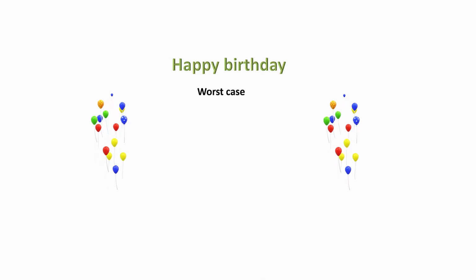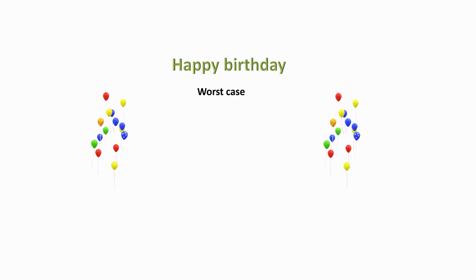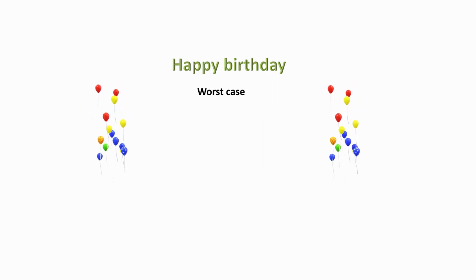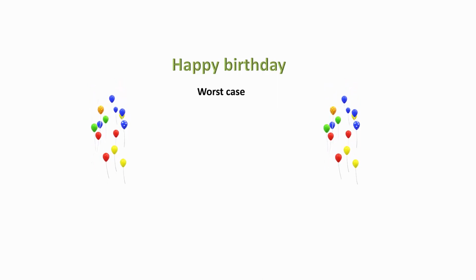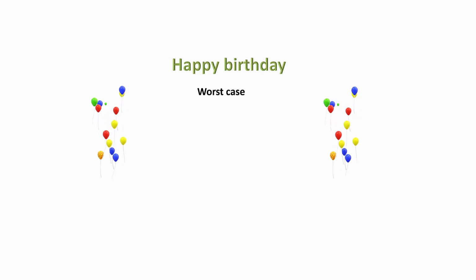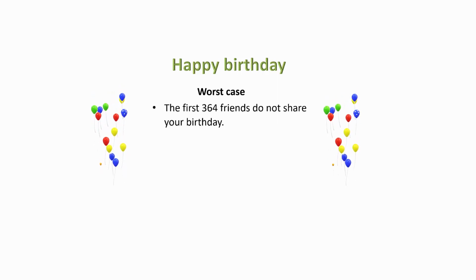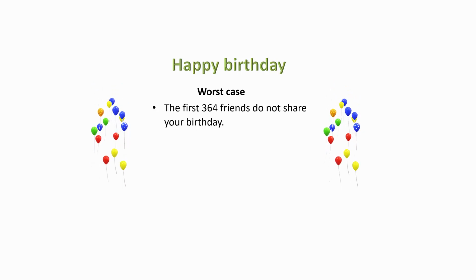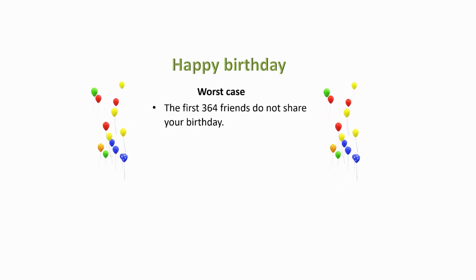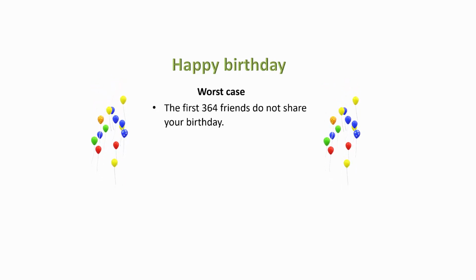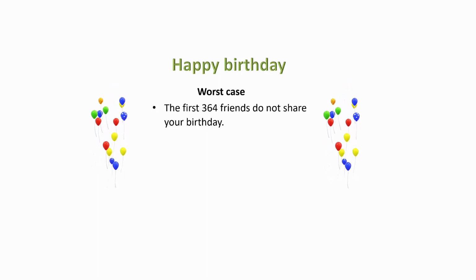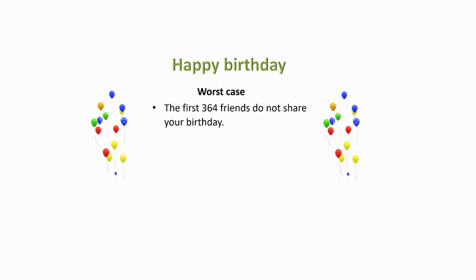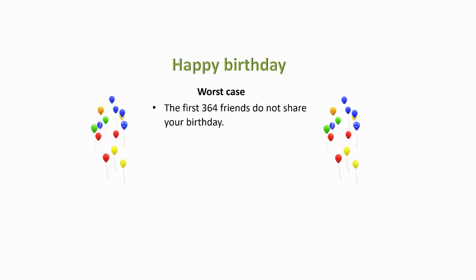In these situations, always think of the worst possible case. That means the maximum number you need to choose from, which might give you what you need. It sounds a bit contradictory, doesn't it? We know there are 365 days in a year, or 366 for a leap year. So that means if you invite 364 friends that do not share your birthday, and each one of them has a different birthday, and that's the worst possible case, isn't it?